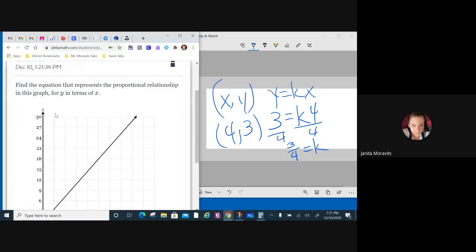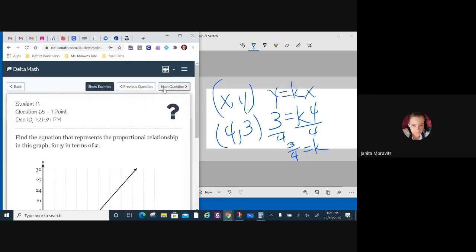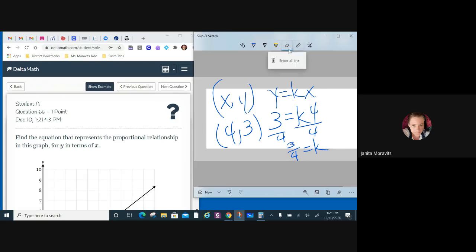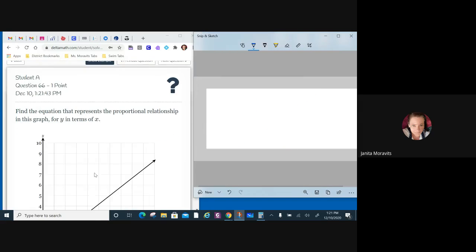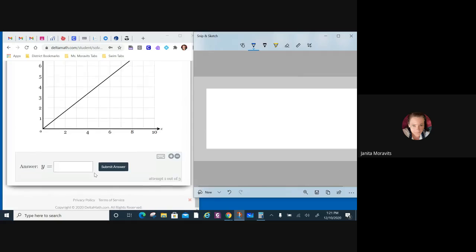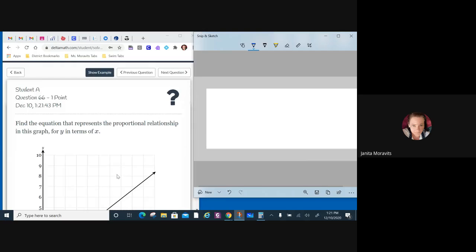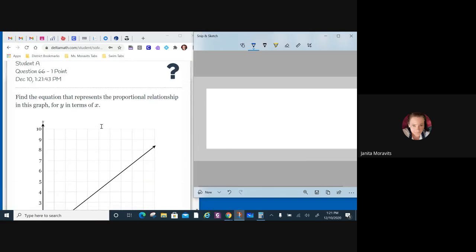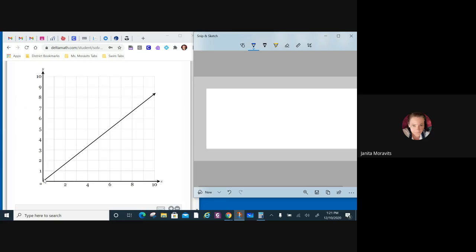All right. So technically you only have to do 65 by yourself and then join us when you're ready for problem number 66. All righty. This is another one like you just did. Find the equation that represents the proportional relationship for y in terms of x.